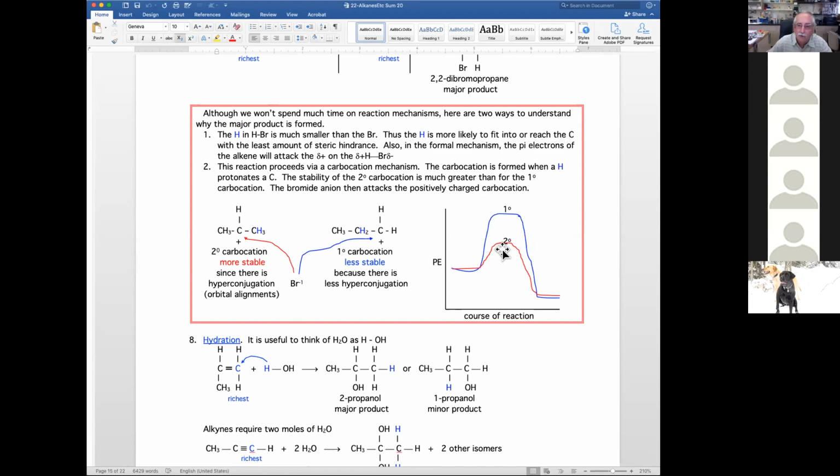So if I can control the temperature correctly, I can make it so that I have enough energy to overcome this activation barrier, but not this one. So at a certain lower temperature, I can really control this reaction to get a lot of this formed, going through the secondary carbocation. If the temperature is just really radically hot, then this difference won't make much of a difference.